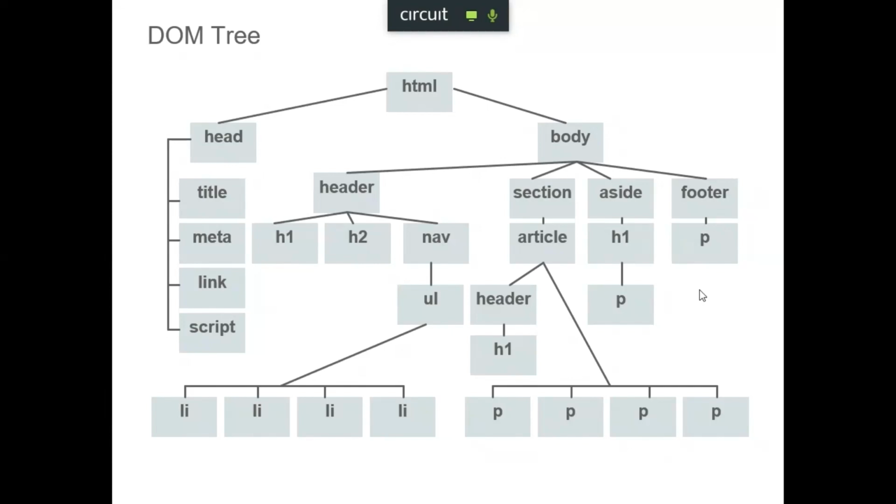So concepts such as parent, child, siblings, between the elements you can see in this document. So this HTML is a root element, and these are the child elements for this root element. Like this way, you can see parent-child relationship and sibling relationship between each and every element in this DOM tree implementation.